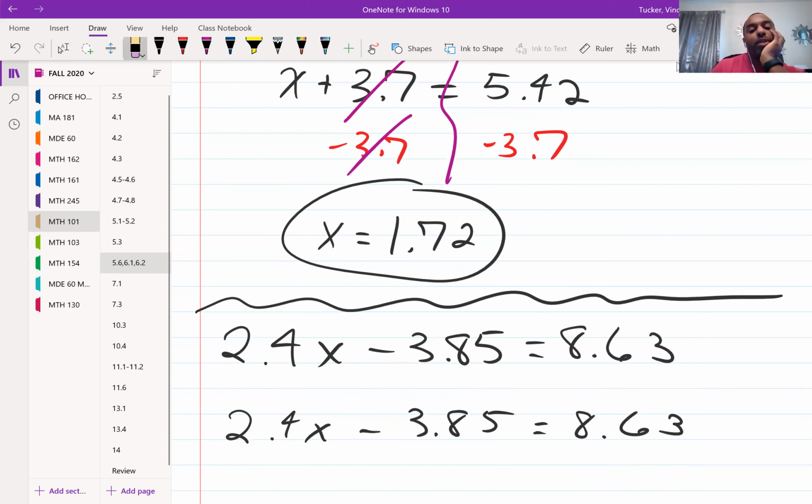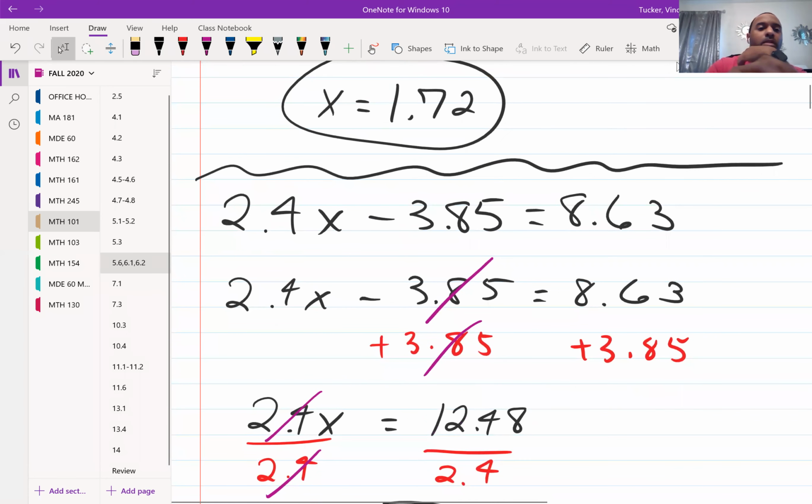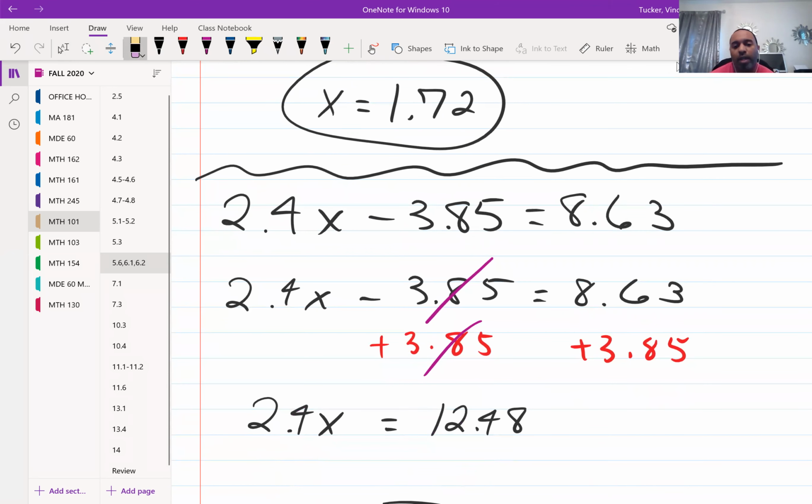All right, so the next equation, 2.4x minus 3.85 equal to 8.63. First thing we want to do, add 3.85 to both sides. 3.85 cancels on the left, and on the right we have 12.48.